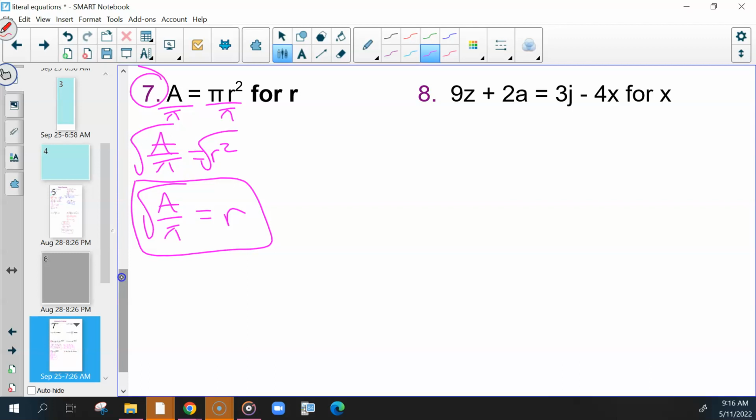Do you have any questions on literal equations at all in general? Anything specifically? Okay. If they give us two answers, but one is a more simplified choice, I'm going to say I have not seen that.